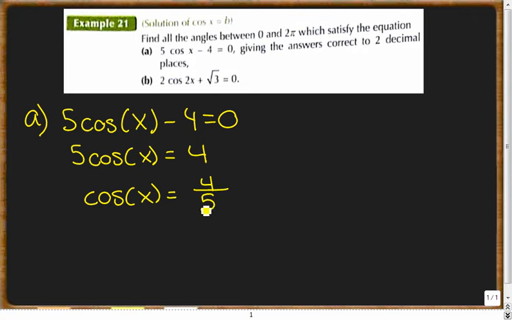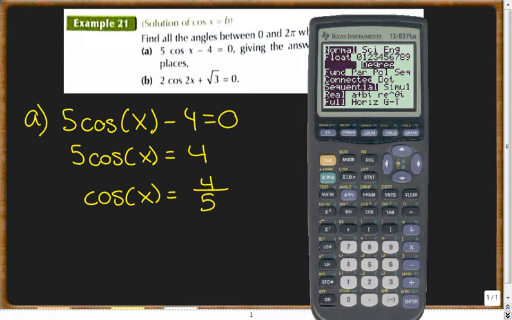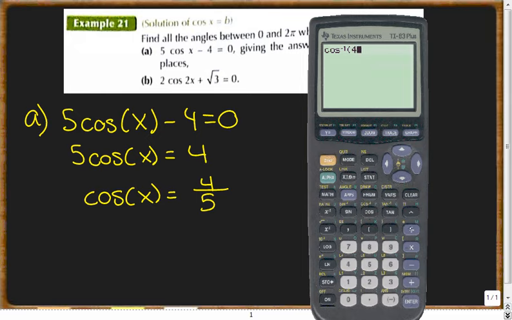Well, this is not on the unit circle, and we're asked to solve in terms of radians, okay? So this makes things a little complex. Now, if we were to do the arc cosine of 4/5, and again, make sure that we get into radian mode, that gives us 0.6435.